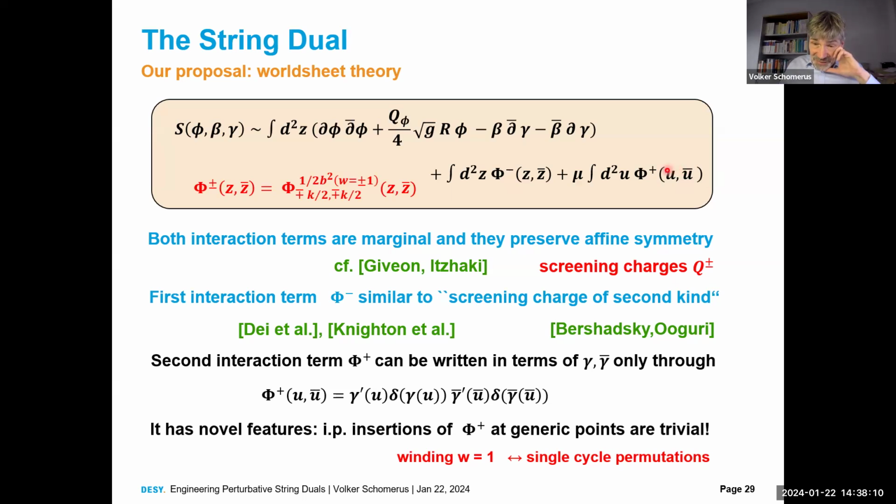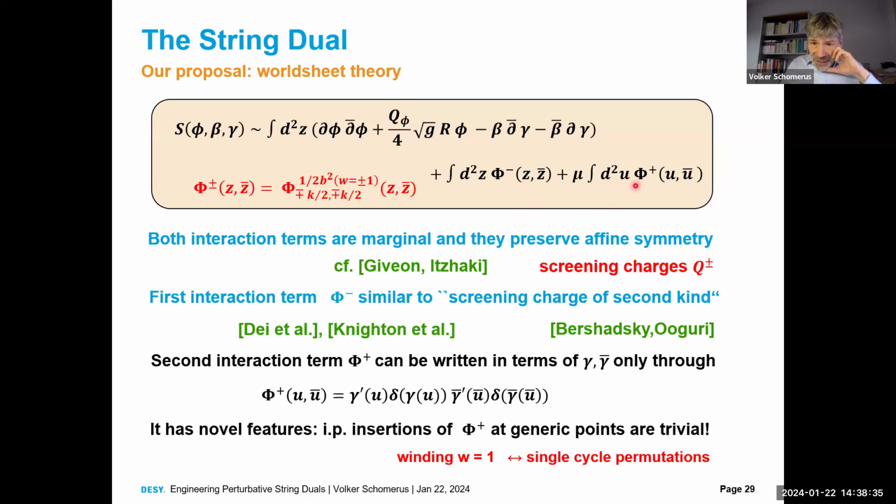It remains intact. So these are screening charges in technical terms. And the phi minus here is essentially an old-fashioned screening charge of the second kind, rewritten a little bit. So it goes back to the work of Beshatsky and Okuri, and also appeared recently in a related context in work of Andrea and Bob Knighton, just also before Christmas.